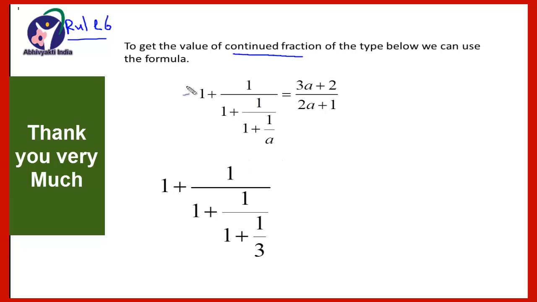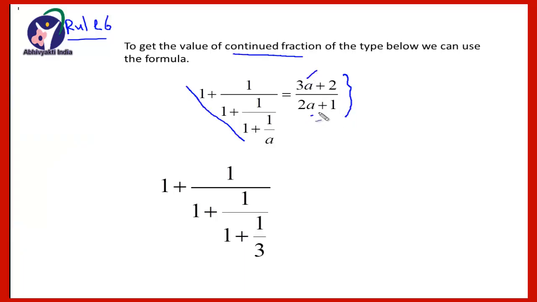Remember, this should be 3 times only. If it is more than 3 times, then we cannot apply the formula. Then the value you can find by using this formula as 3a plus 2 upon 2a plus 1.